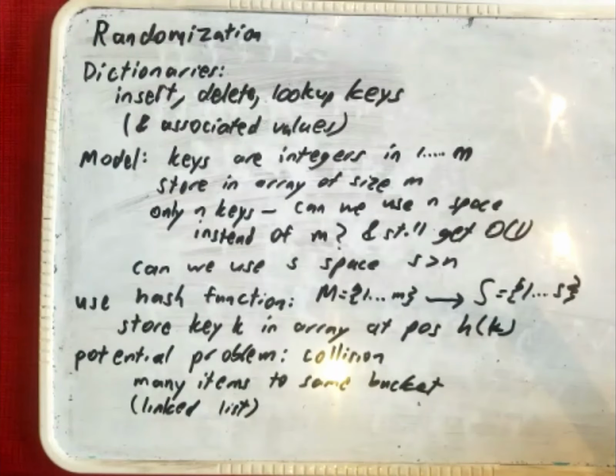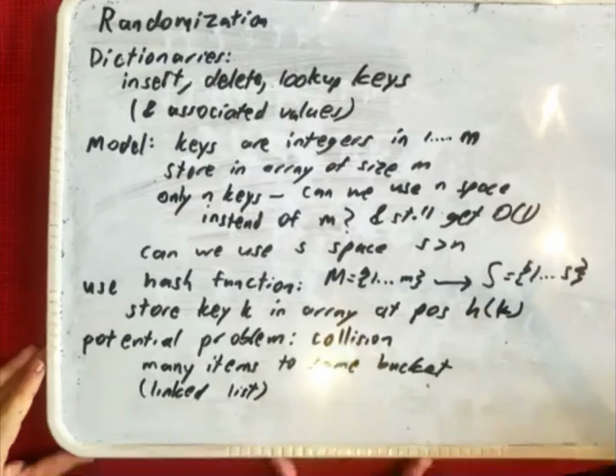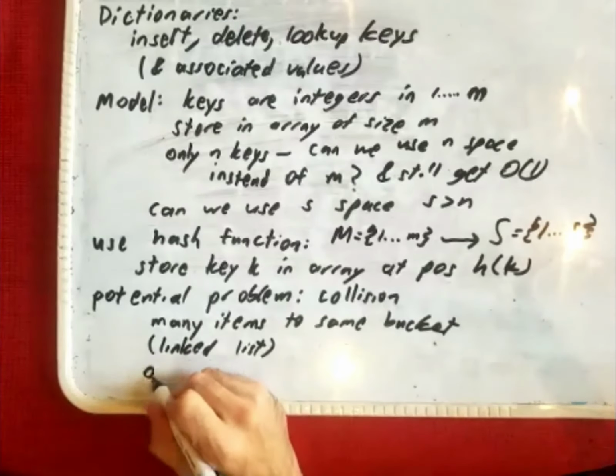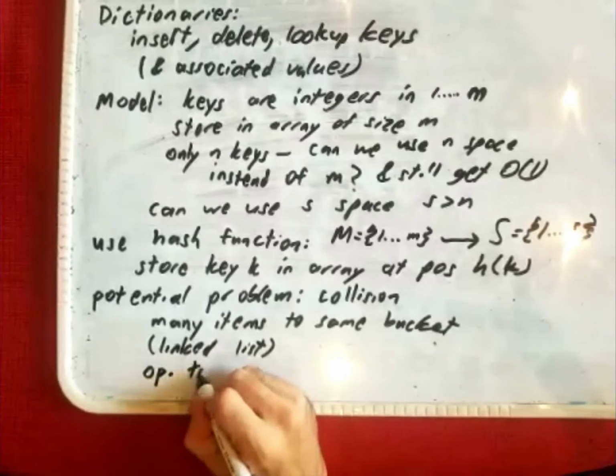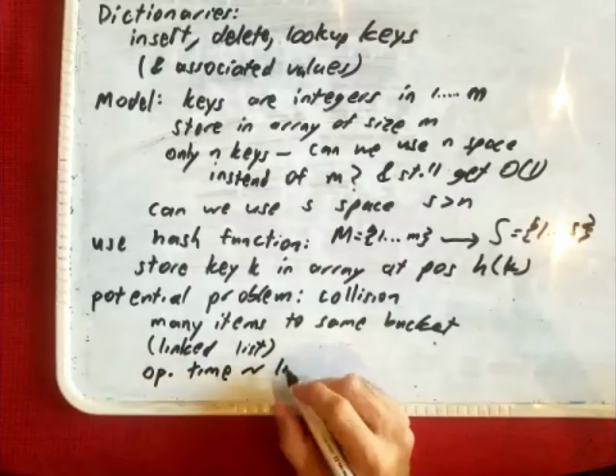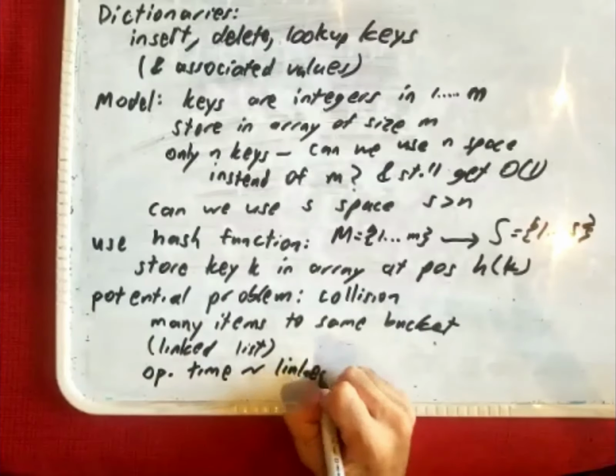Because the linked list could, in worst case, be linear. Yes. And what are the consequences of that? It's going to be slow to find an item. You're just going to have to go through the linked list. Exactly. Because the operation time is now going to be proportional to the linked list's length.